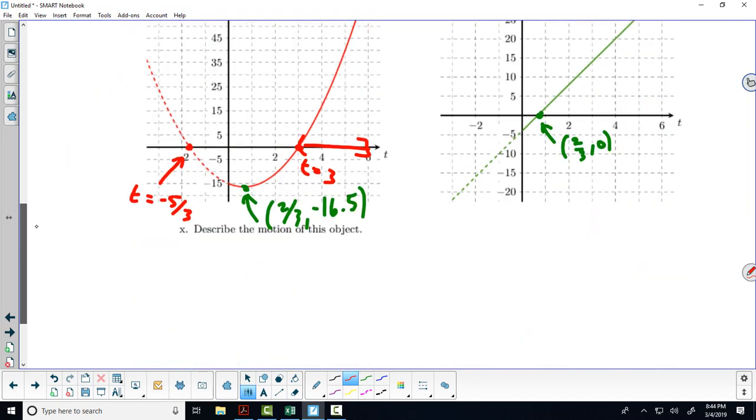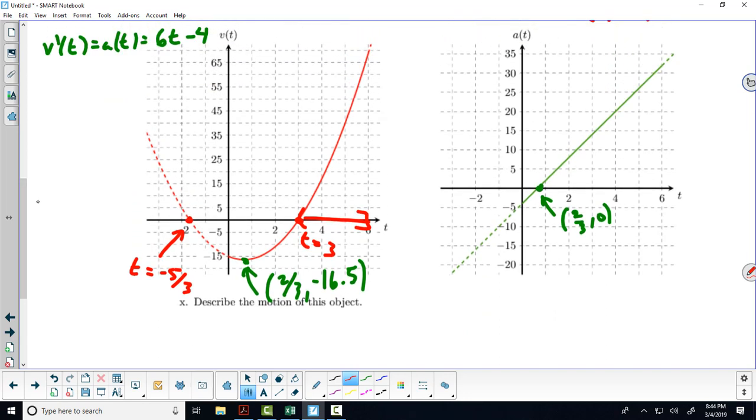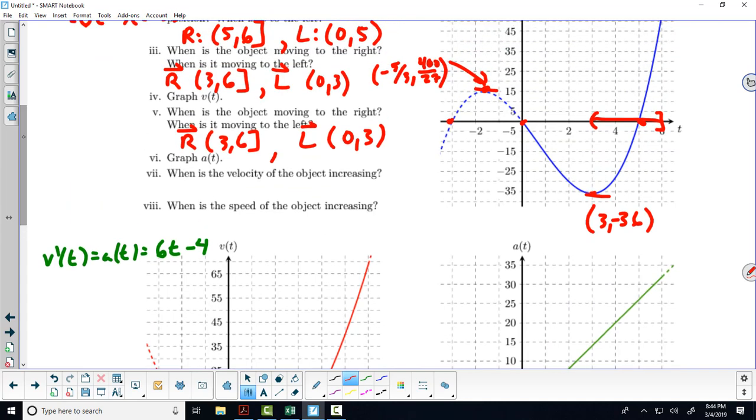When t equals 0, yes, both of these should include 0. Folks, careful. I should have been a little more careful of that. Both of those should include 0.